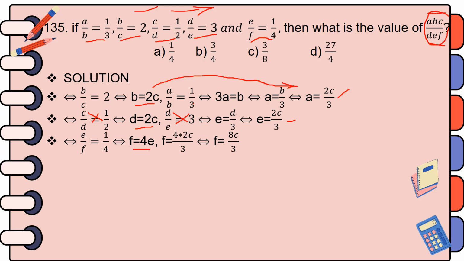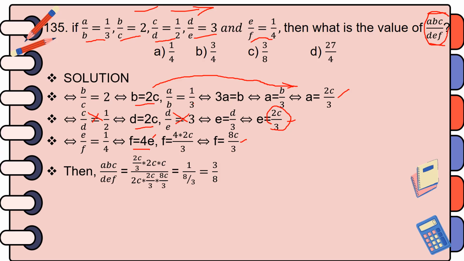From that, substitute the value, that means 2C over 3 in place of E here. So you get F is equal to 4 times 2C over 3, and from that you get F means 8C over 3. Now we have expressed all the variables A, B, D, E, F in terms of C.